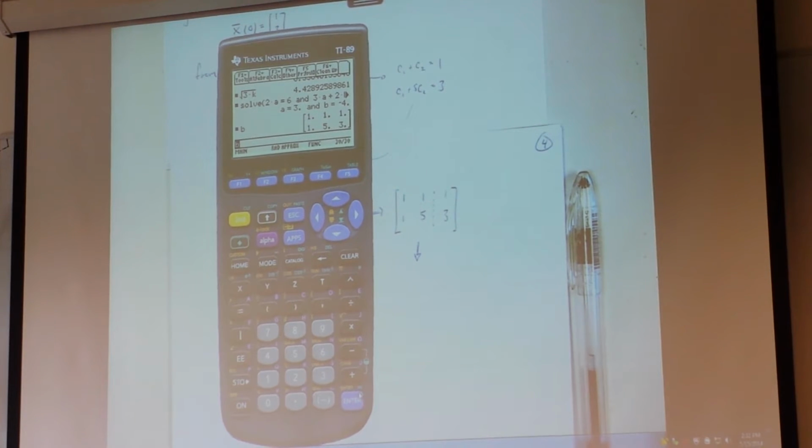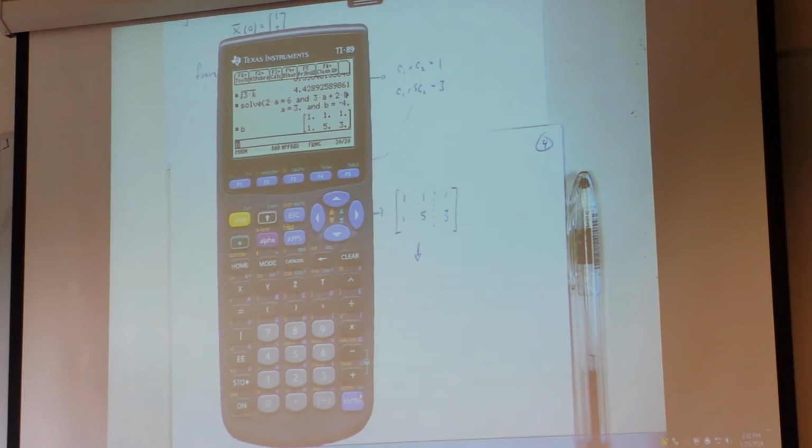We want it to look like 1, 0, 0, 1, that identity matrix on the left. And I want to know what's here, because those are going to represent the solutions for C1 and C2. Okay? 1C1 plus 0C2 equals that constant. Okay, so I want to know what it is.